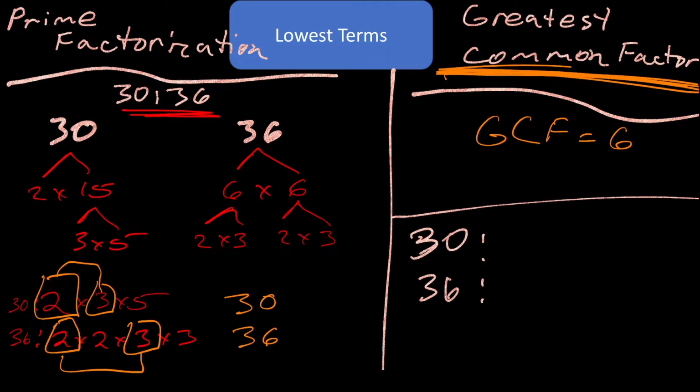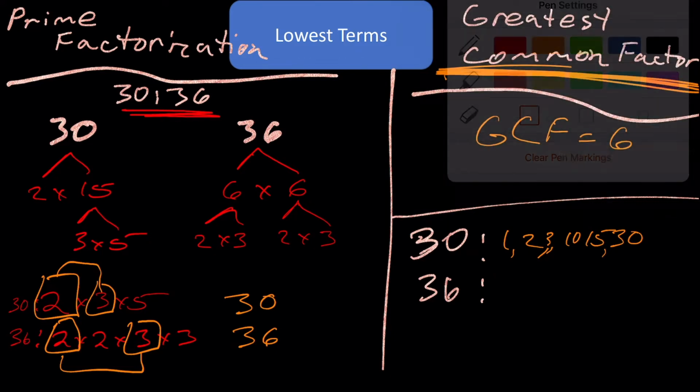I can also do it by listing factors, remember this? 1 times 30, 2 times 15, 3 times 10. I'm not going to fit everything in here. 4 doesn't, 5 doesn't, and then 6 times 5. So I'm just going to make this bigger.